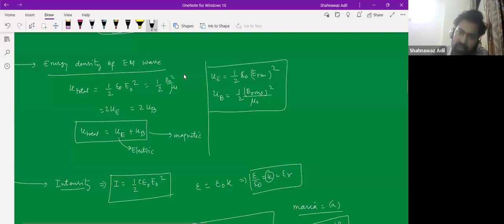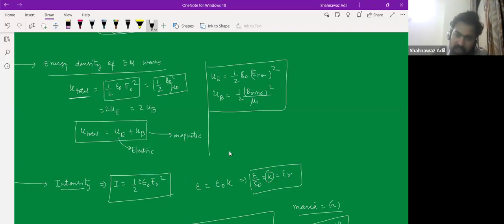So this is also the same, right? We have to remember that energy density is half epsilon naught E naught square, and intensity.